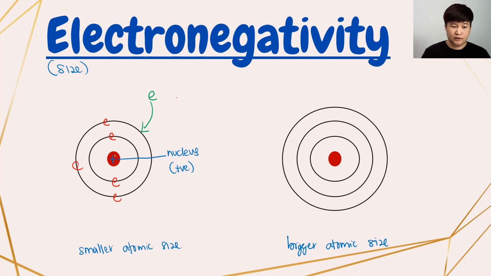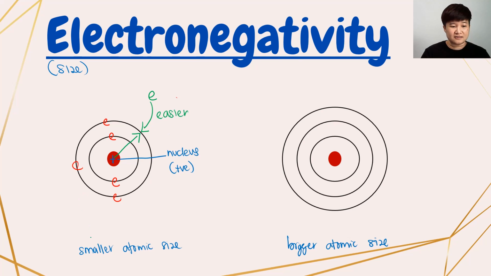And because the size is smaller, logically, is it easier or harder to attract the electron when the size is smaller? Obviously, it's easier because the attraction from the nucleus to the valence shell is closer. So when it's closer, the force of attraction is stronger. Therefore, it is easier for the electron from outside to go in.